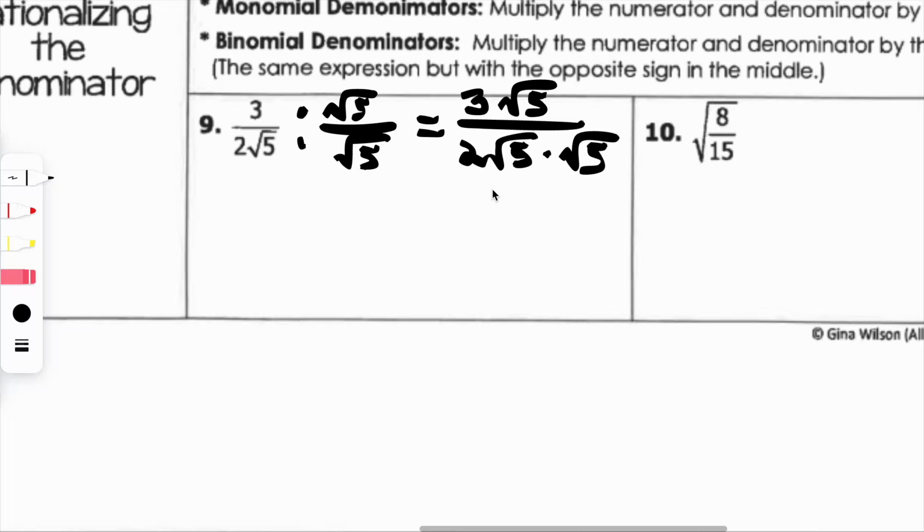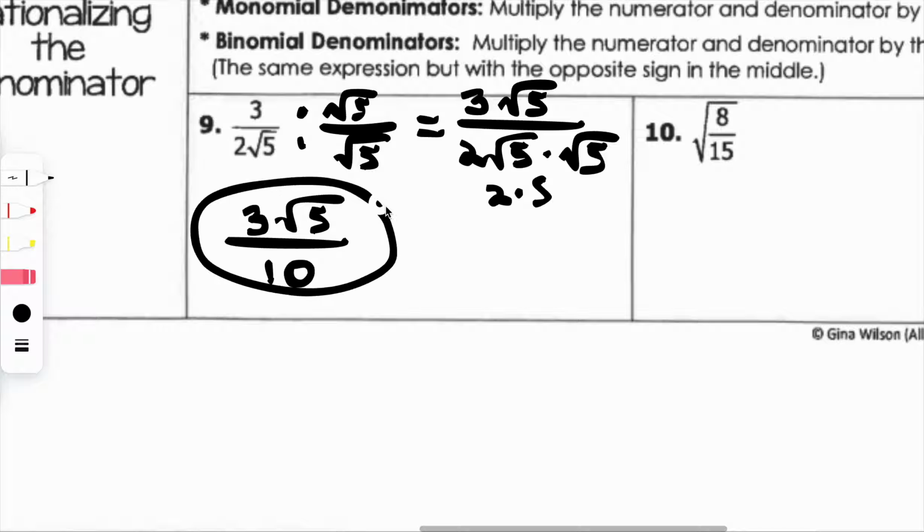Okay, so this is the same thing as 2 times 5, which is just equal to 10. So we're going to have 3 root 5 over 10. Okay? And that's going to be our answer, and that's how we simplify that. And that's a lot easier and cleaner for us.